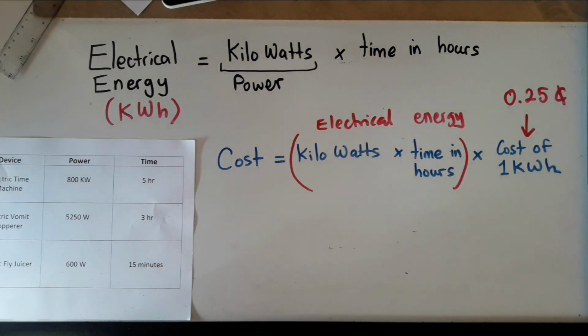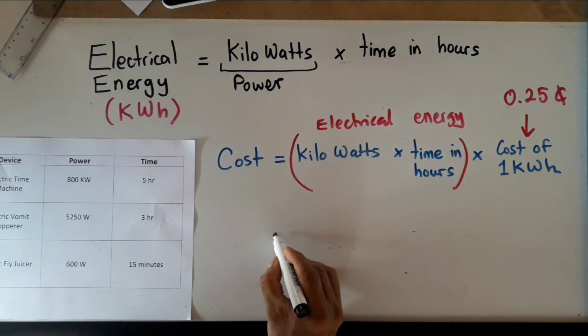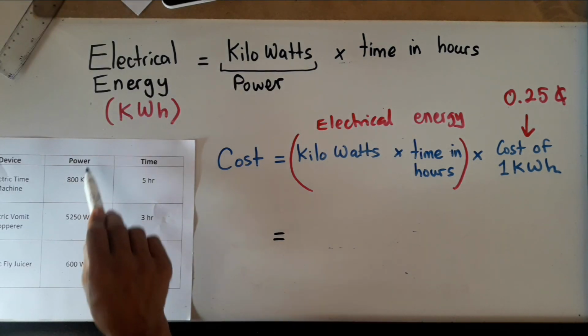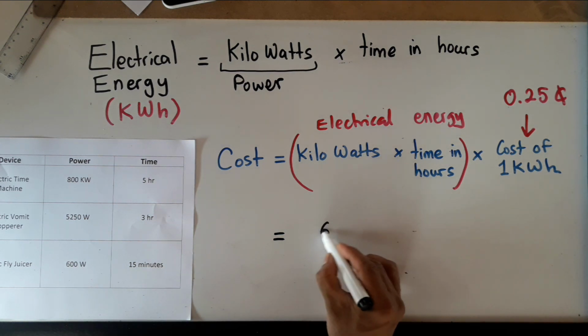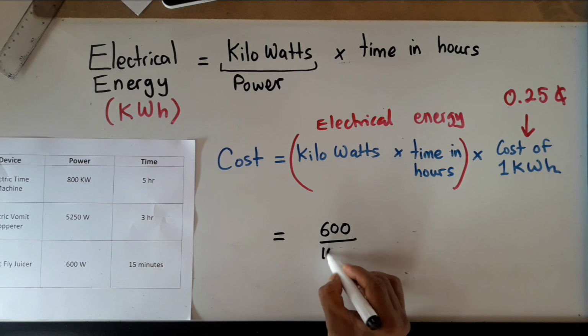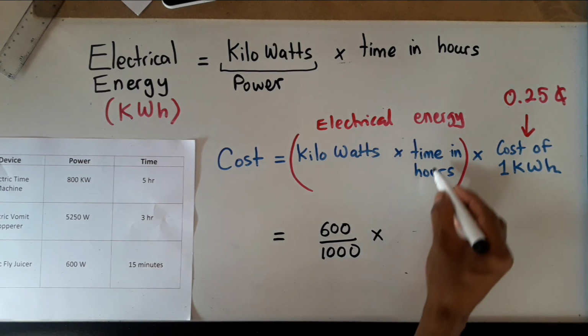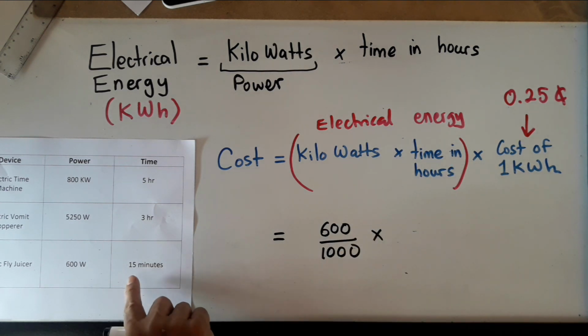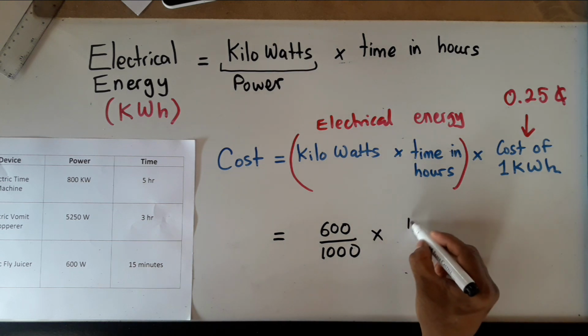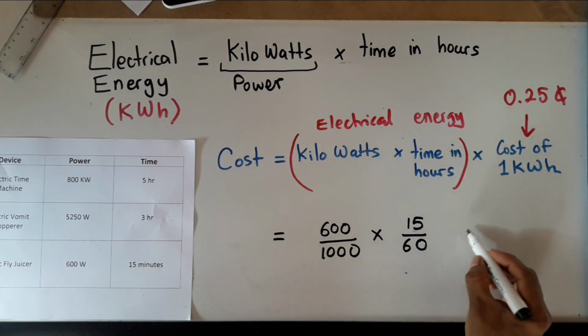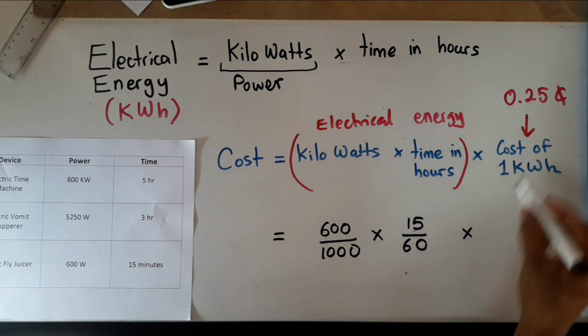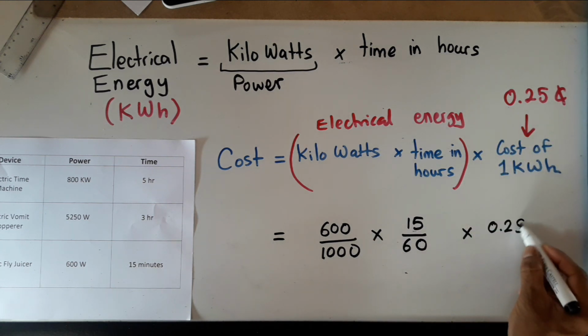In the third one, the electric fly juicer, the power is given in watts. We need the power in kilowatts. So that's 600. We're going to have to divide it by 1,000. Multiplied by the time in hours. They gave me the time in minutes. To convert minutes to hours, we have to divide it by 60. And now we're going to multiply it by the cost of each kilowatt hour.